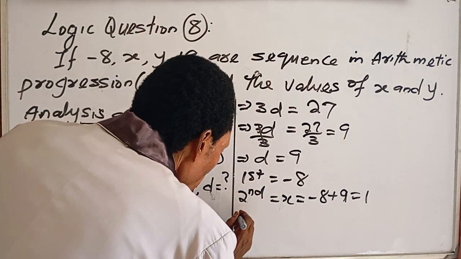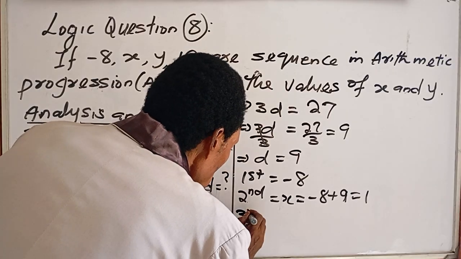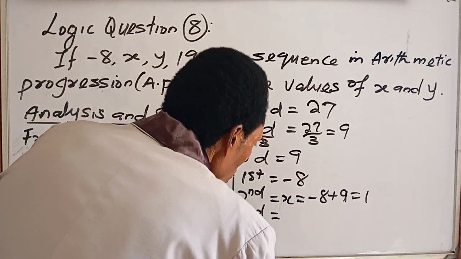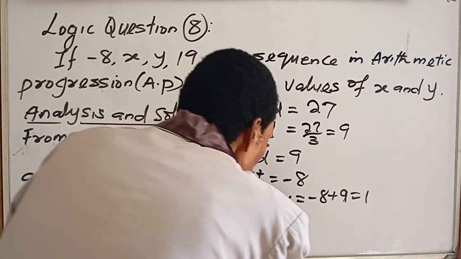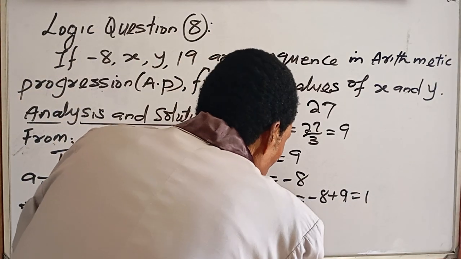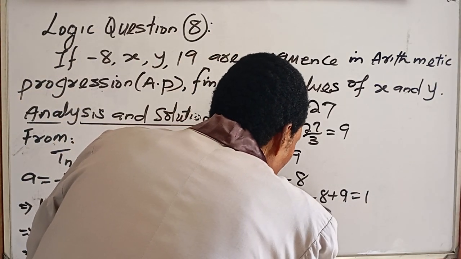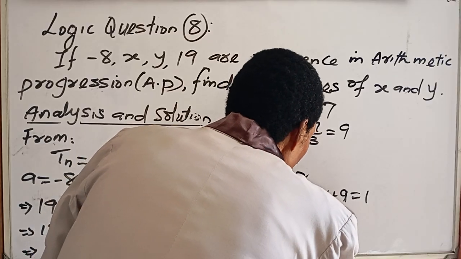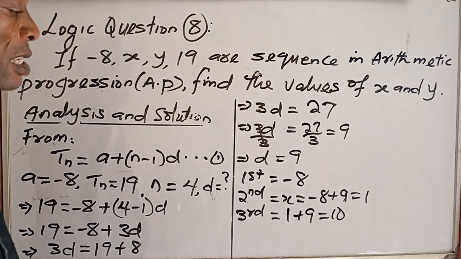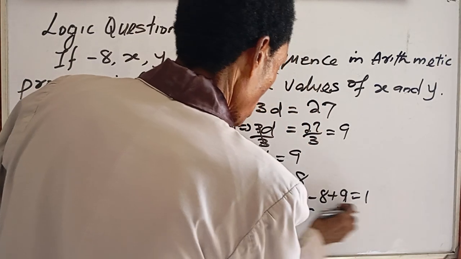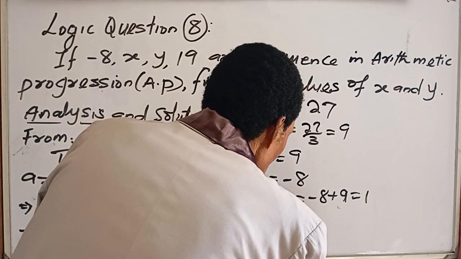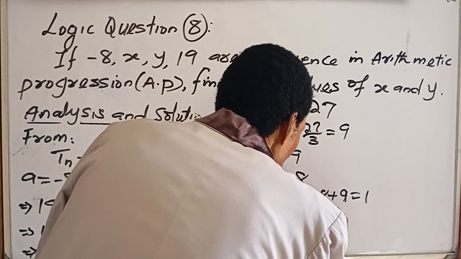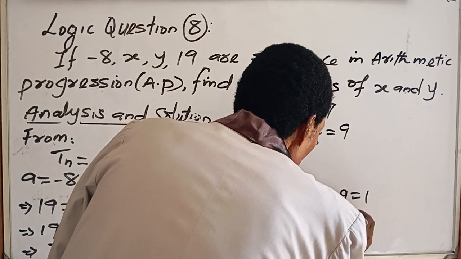Then the third term is this 1 plus 9, which will give us 10. So the third term, y, equals 1 plus 9, which is 10.